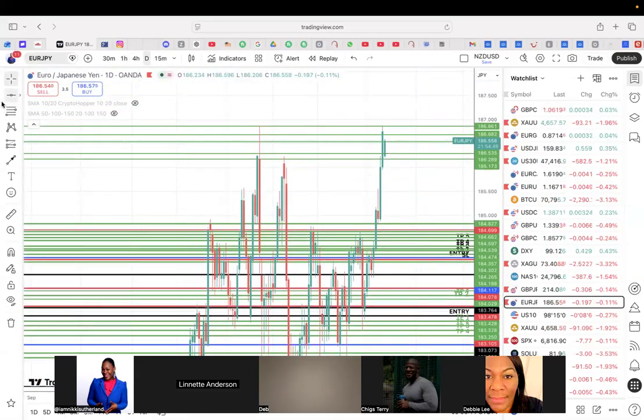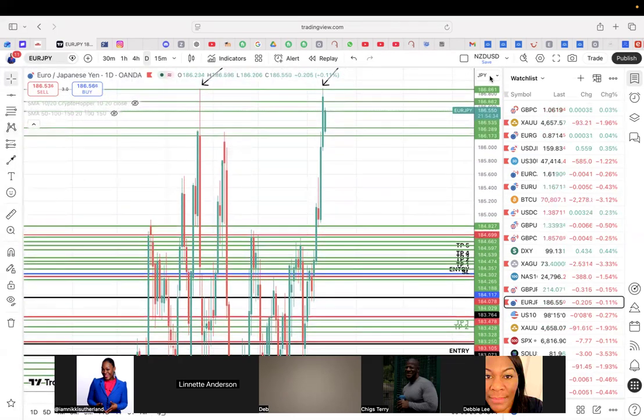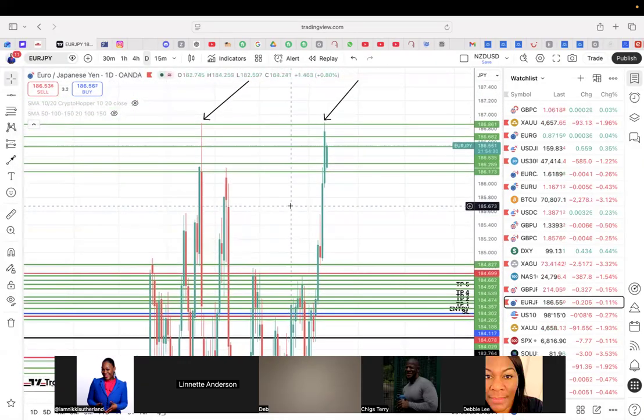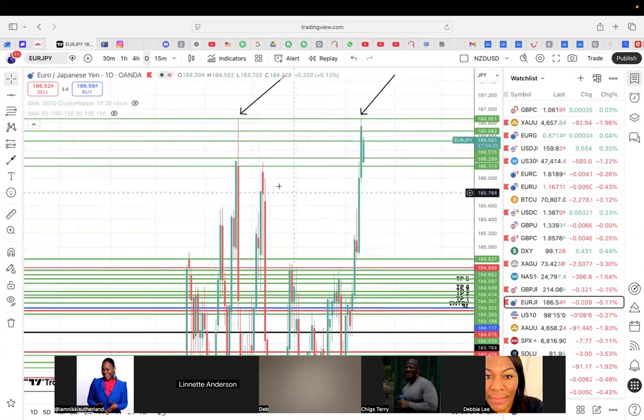Okay, so looking at Euro JPY, we can see the last time it hit up here, then it dropped down. Okay, it's hit here, right? So are we expecting it potentially to come up and hit there again? Could be. But look what happened when it hit there, it came all the way down.